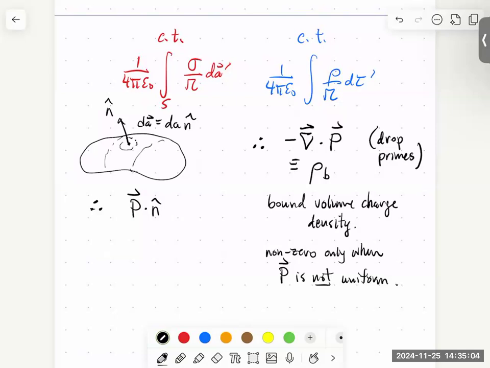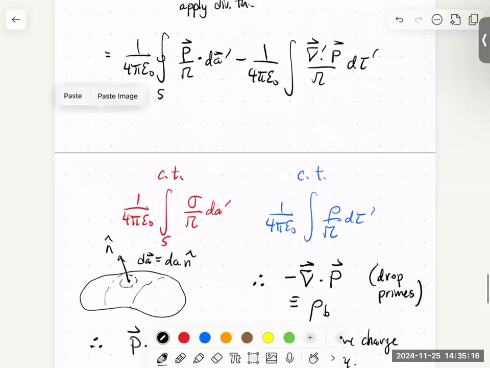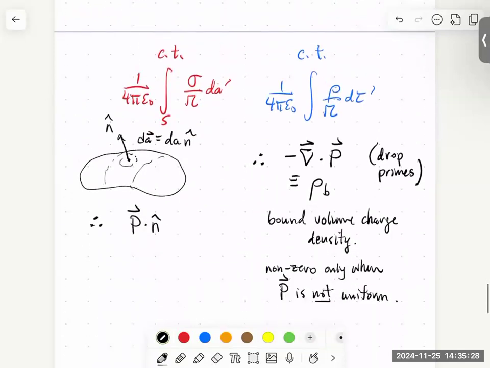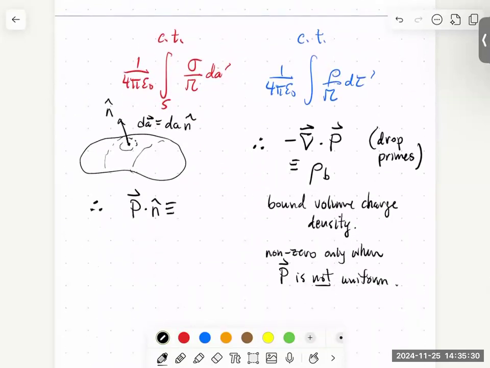I'm going to separate out the n hat, and instead of writing dA as a vector, which I shouldn't have done here, I'm going to write this dA prime as a scalar dA prime times n hat, and then P dot n hat is what we're going to associate with sigma, defined as sigma b. And so this is a bound surface charge.